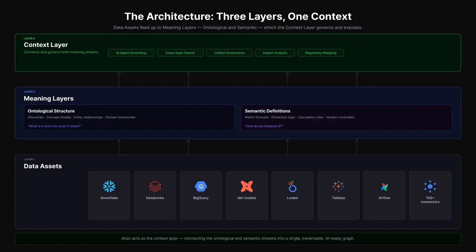In practice, this means a platform that does several things simultaneously. It provides a business glossary with enough structural capability to capture not just definitions, but relationships between terms. That's a lightweight ontology layer.